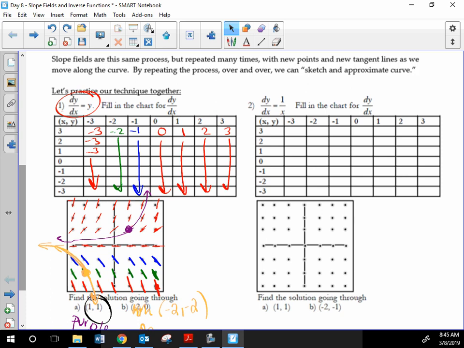And then can we get our slope here to be 0? Is it possible for 1 over x to be 0? No, so you're not going to see that. Okay, I want you guys to start filling in too, so you can. Again, you don't have to fill in the chart. It's there to help you out if you want it.